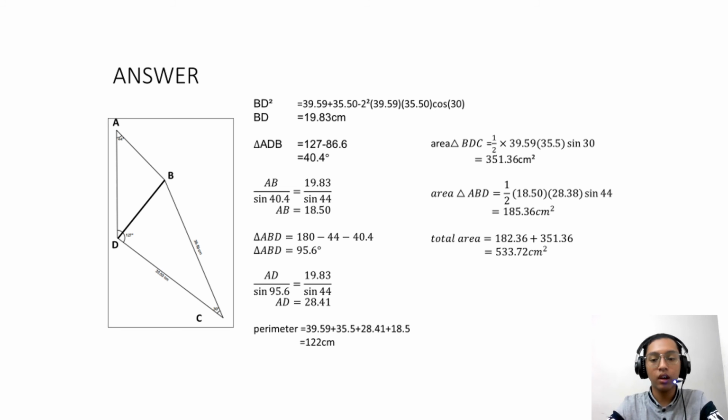122 cm. For the area, we can search the BDC triangle first using 1 per 2 multiplied by 39.59 multiplied by 35.5 and multiply again with sin 30, and we will get 351.36 cm squared.